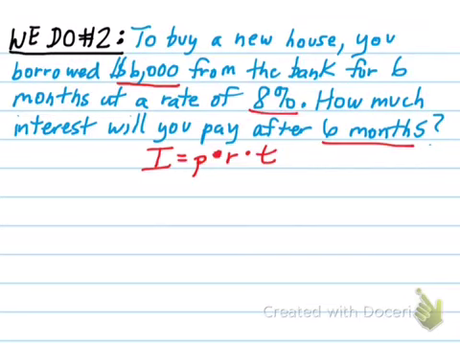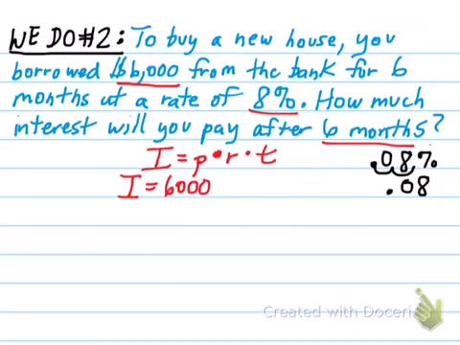So then let's plug it into our formula. Interest equals, our principal is $6,000. Then off to the side, I'm going to show how we convert 8% as a decimal. 8 hundredths. So times 8 hundredths.